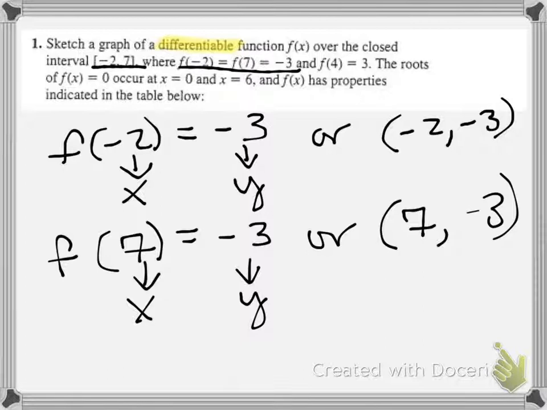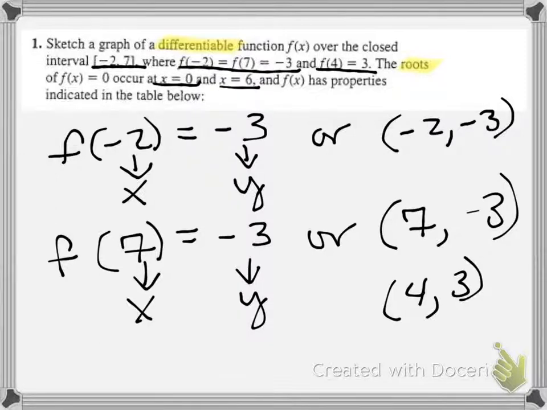I can also see that f of 4 equals 3, which means I'm also going to have a point at the ordered pair 4, 3. Roots are the same thing as x-intercepts, or zeros. It's telling me that these occur at x equals 0 and x equals 6.